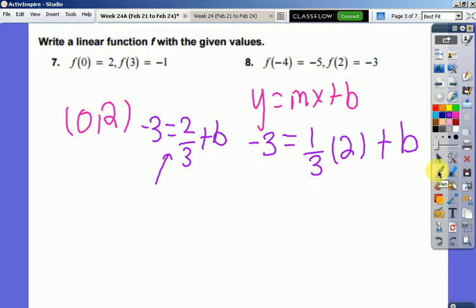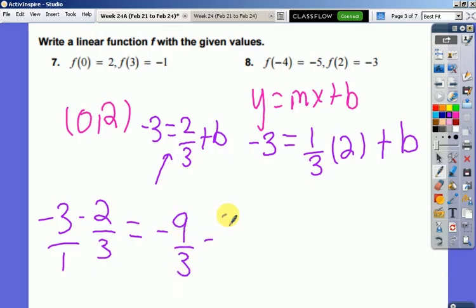Okay. I take -3 minus 2 over 3. Remember common denominator, so -9/3 minus 2/3, which is -11/3. Yeah? Just subtracting fractions. Remember that?